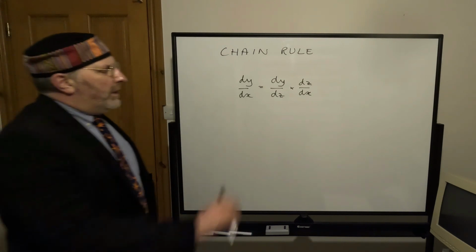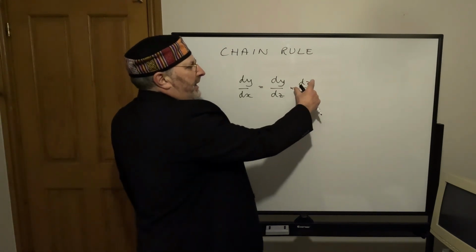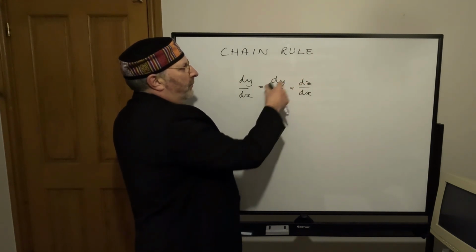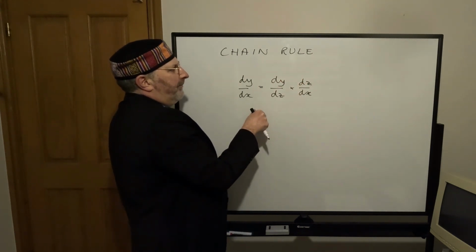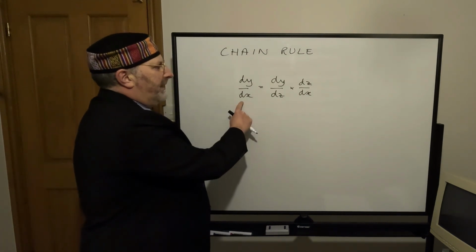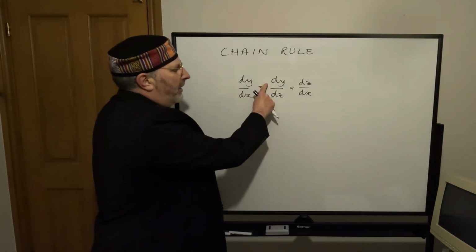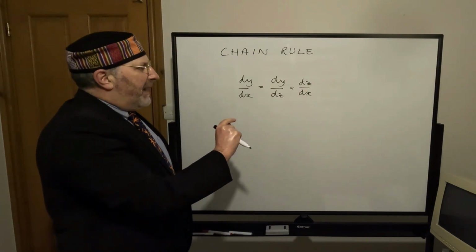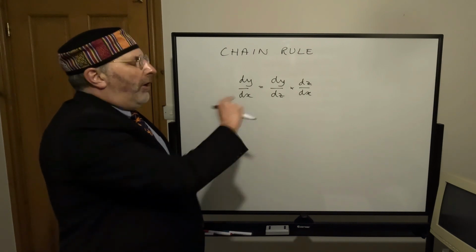So again, they're working like fractions. The dz on the top and the dz on the bottom cancel out, and we just get dy by dx. So this is useful in situations where we're not told dy by dx directly, but we do know how y depends on z, and we do know how z depends on x.